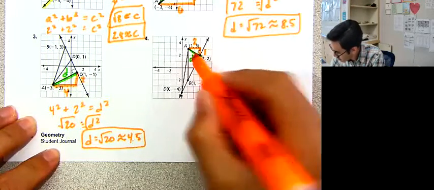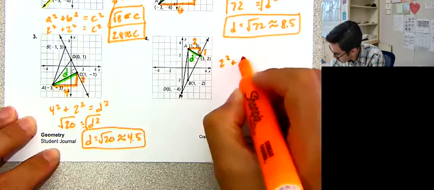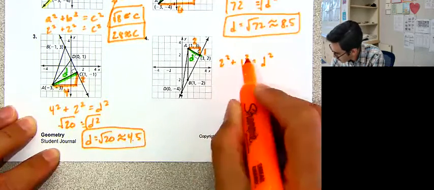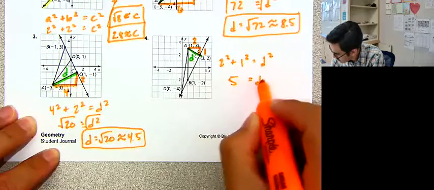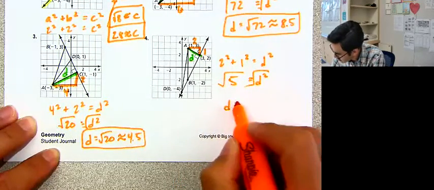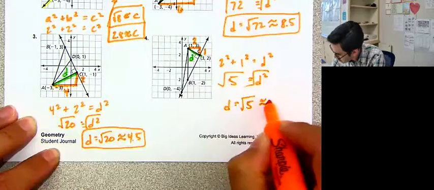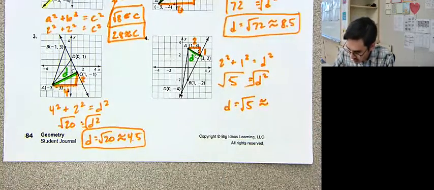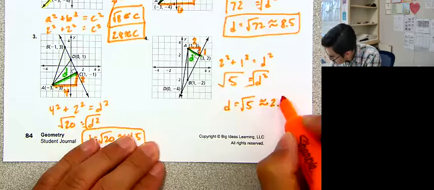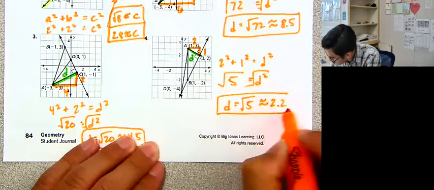So a squared plus b squared equals c squared. 2 squared plus 1 squared equals d squared. That's 4 plus 1, 5 equals d squared. Square root both sides, so d equals the square root of 5, and that is approximately 2.2.